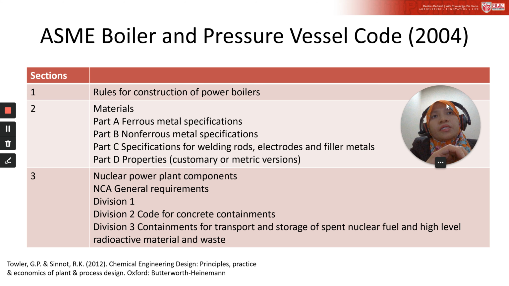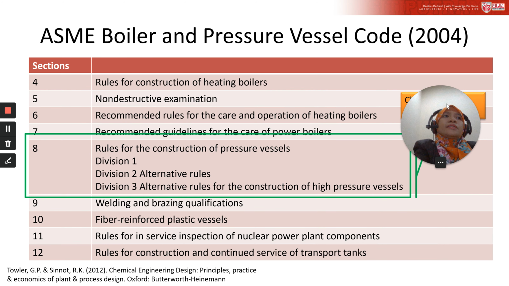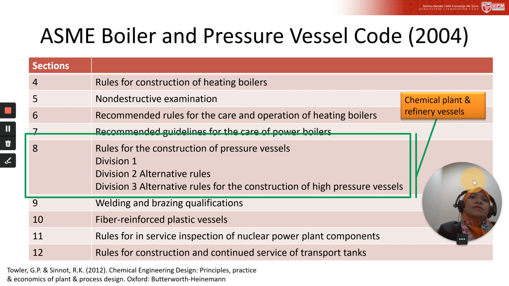There are 12 sections in the ASME code, and the section with content most related to chemical plants and refinery plants is Section 8.